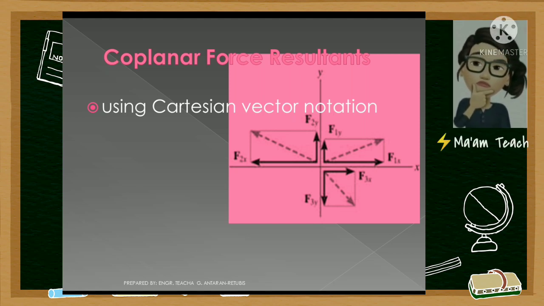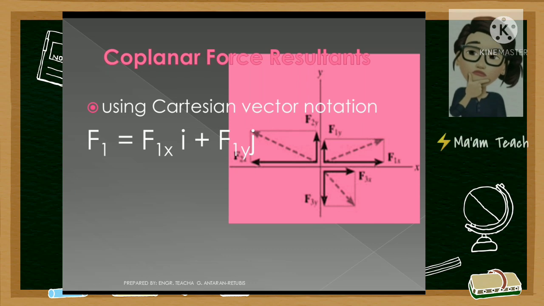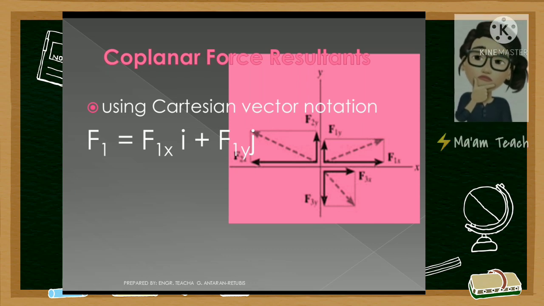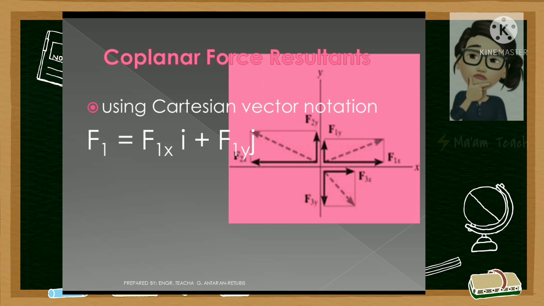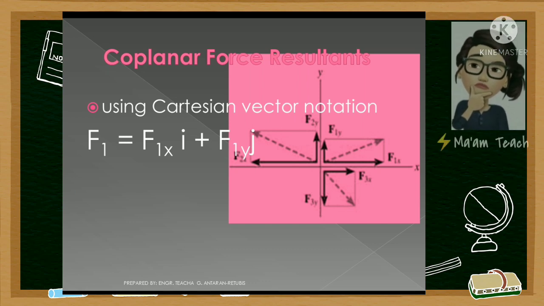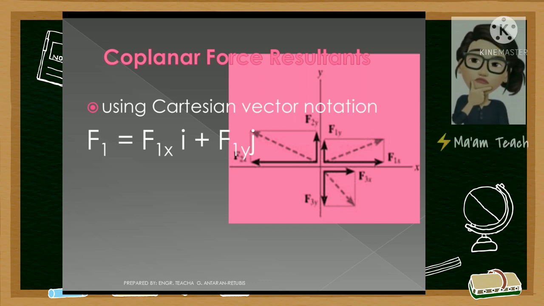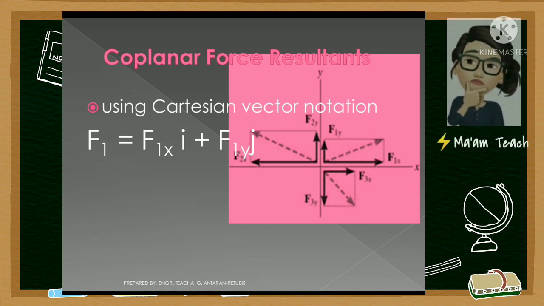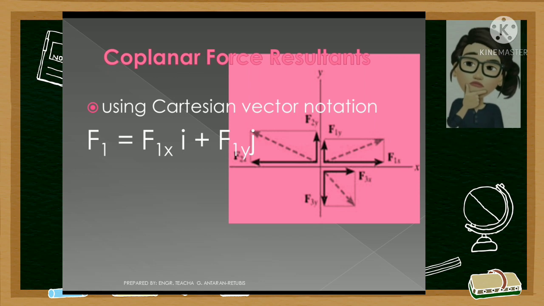For F sub 1, we'll have F sub 1x, which refers to the x component of F sub 1, multiplied by the unit vector i, plus F sub 1y, which is the y component of F sub 1, multiplied by j. Simple as that. You just follow the format.